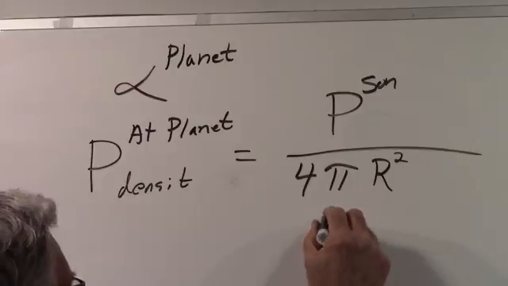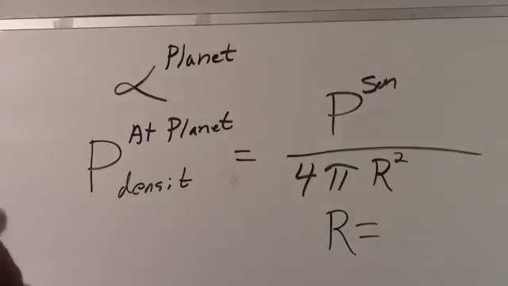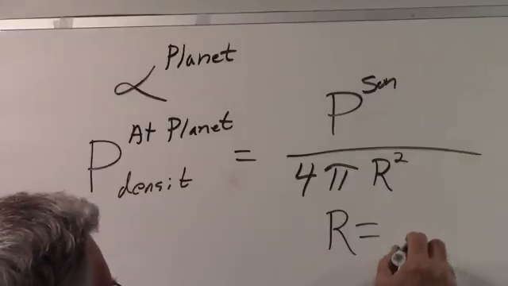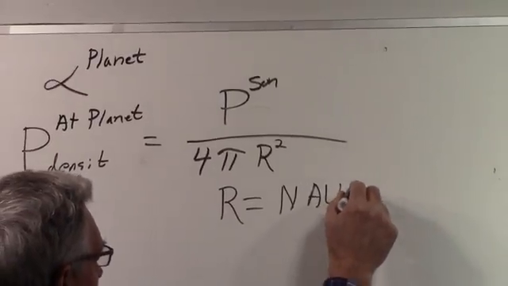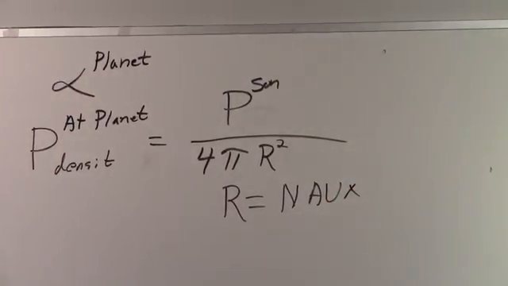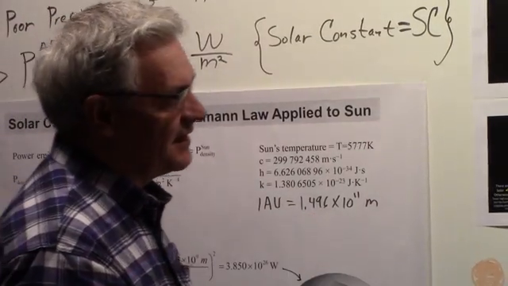And what we would use now here for the r, we could express in terms of astronomical units. So we could have n astronomical units, and then we would multiply that r by what an astronomical unit is equal to. And I have that indicated over here. It's roughly 1.5 times 10 to the 11th meters.